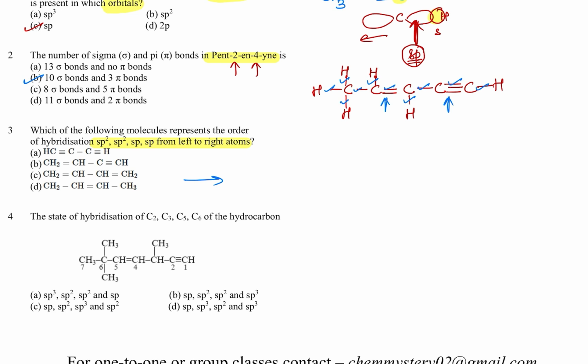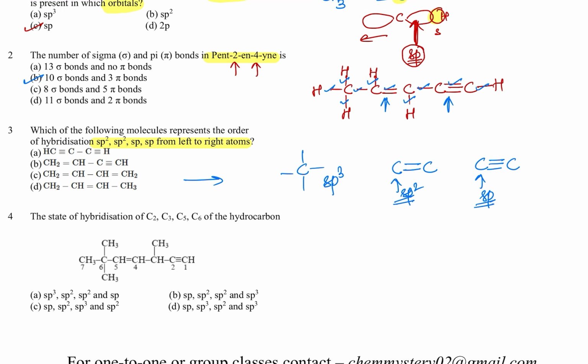Generally, if a carbon is bonded with 4 single bonds, that carbon is sp3 hybridized. If a carbon has a double bond, it is sp2 hybridized. And if it has a triple bond, it is sp hybridized. So when they are talking about sp2, sp2, sp, sp, we need to look for double bonds and triple bonds.